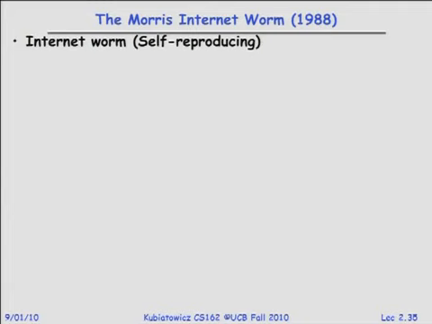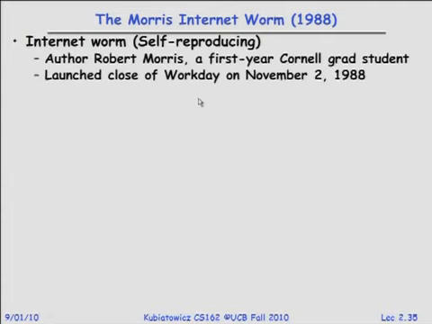He thought it would be cool. Unfortunately, it actually ground most of the existing internet to a halt for a week. We're talking businesses shut down, email got nowhere. It was launched close of workday November 2nd, and by the next day it was just game over for lots of people.